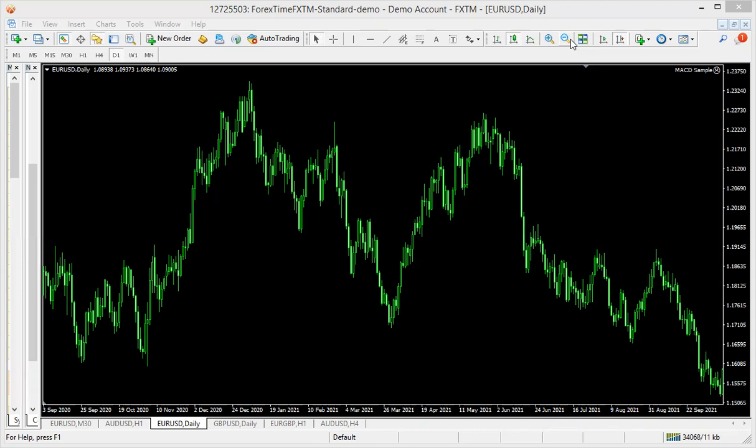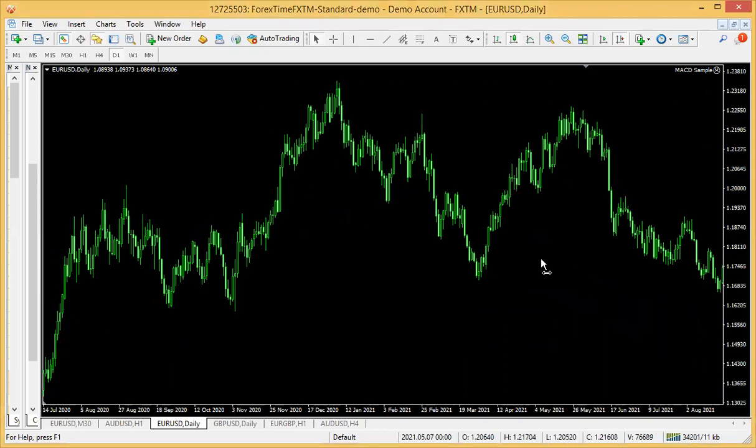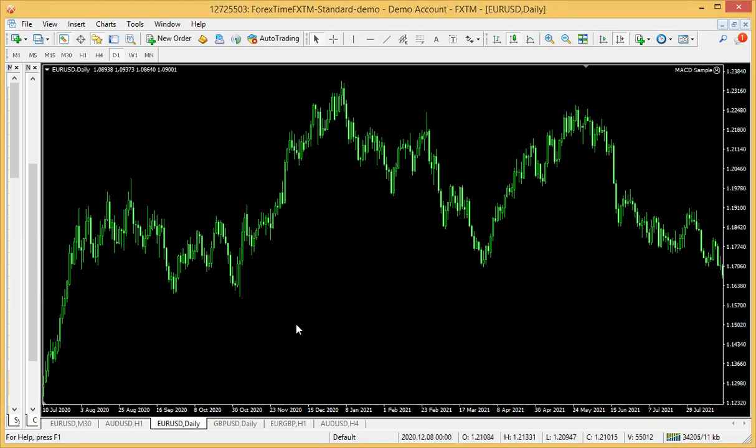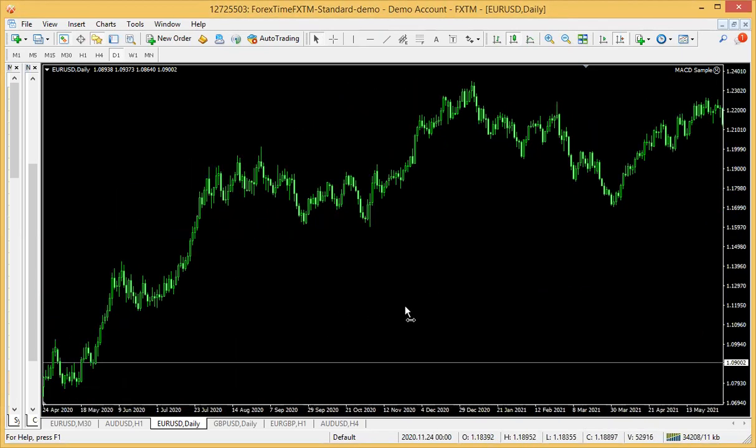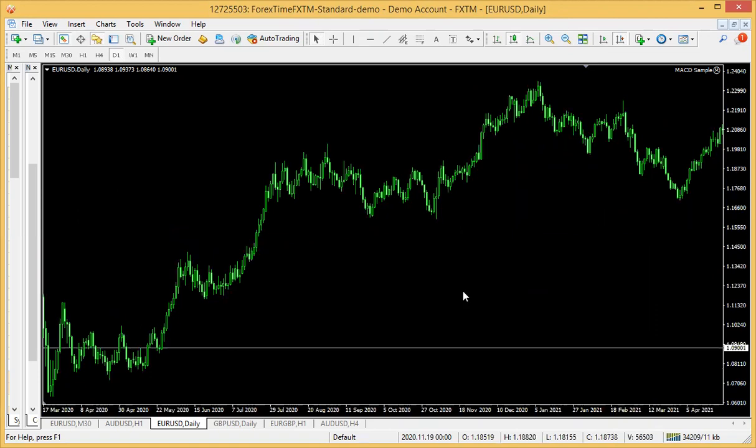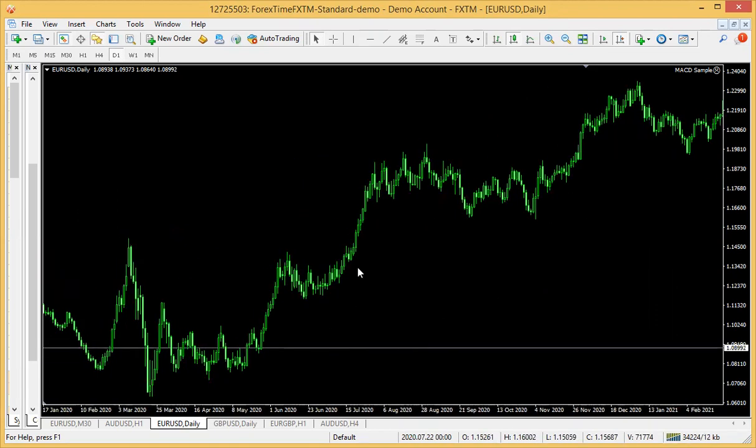Okay, but before we continue, I want you to understand that a trend is made up of candlesticks, and a trend is made up of swings. You must know how to connect your swings very well.